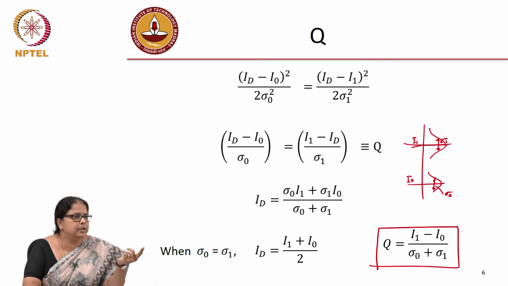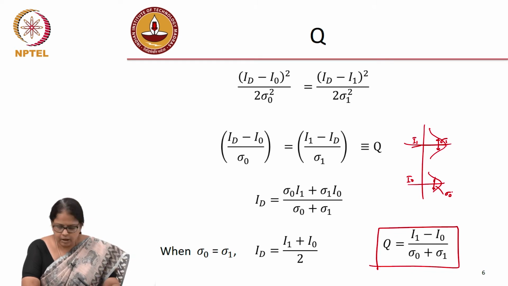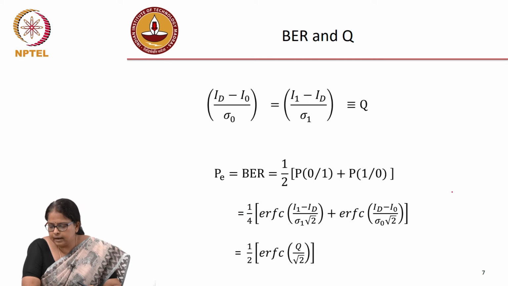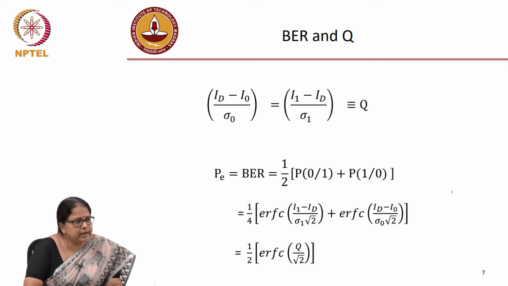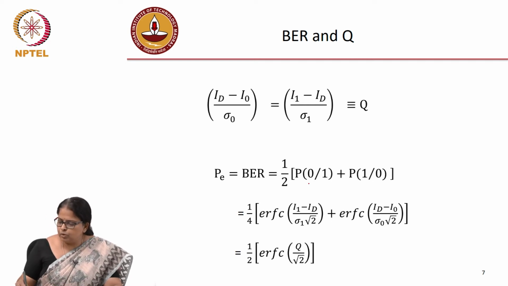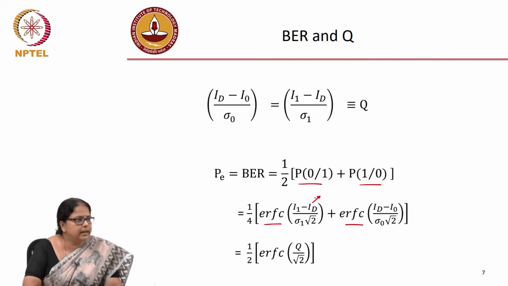You remember your performance metric is bit error rate. To do that, we go back to the definition of Q, which was (ID minus I naught) by sigma naught, and to the definition of the bit error rate that we had partly derived, which was the sum of two probabilities, written as the complementary error function. That is where we did a detour to find out what this ID should be.